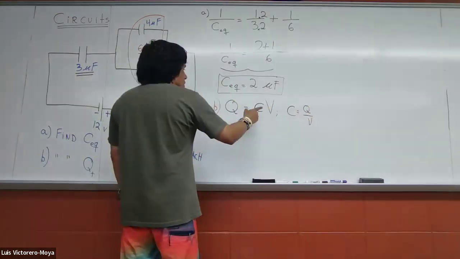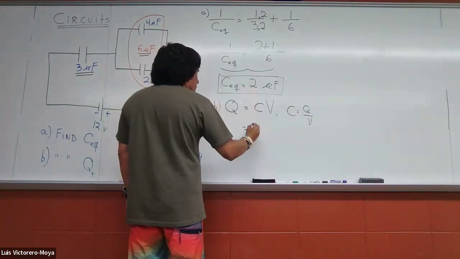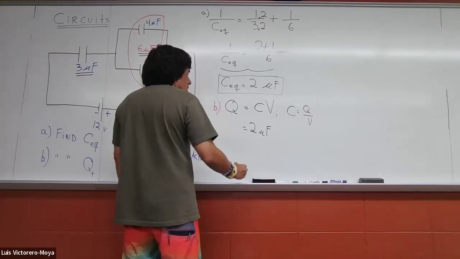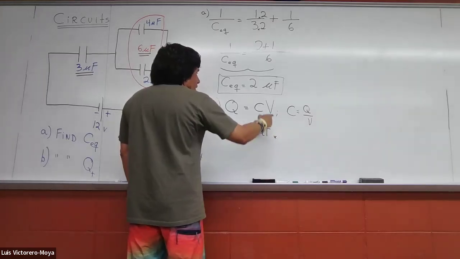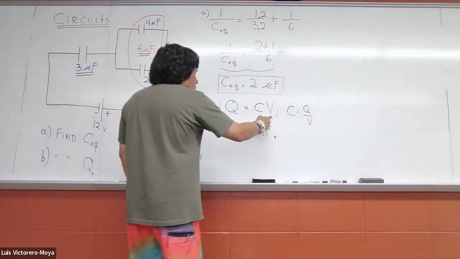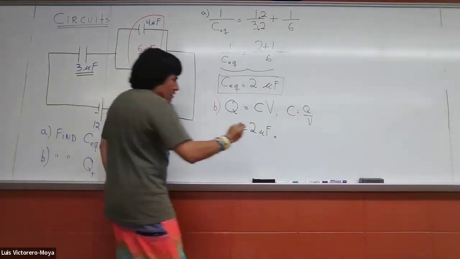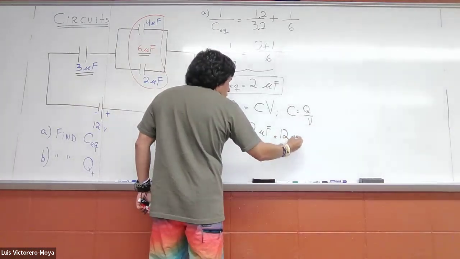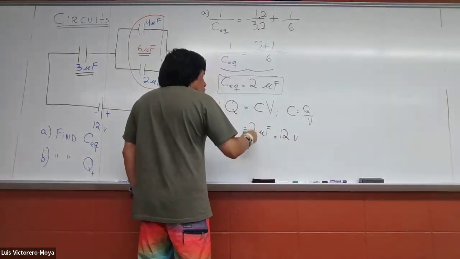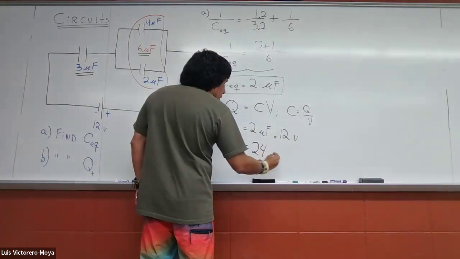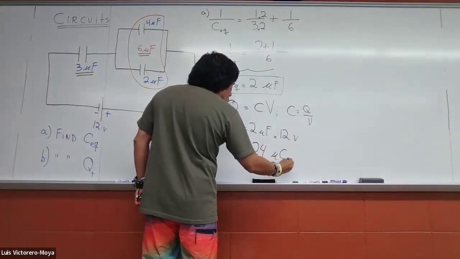The total charge is the equivalent capacitance, 2 microfarads, times what's the voltage in the circuit? 12 volts. 2 micro times 12 volts, 24 microcoulomb.